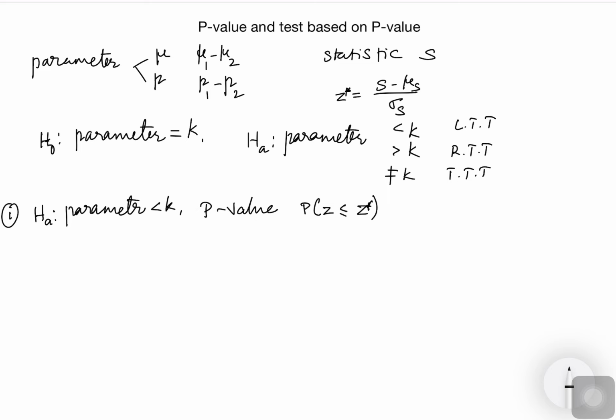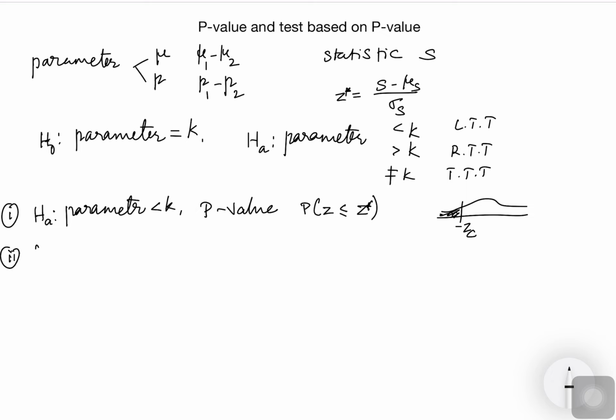In this case z star will be negative, and we know that in a left-tailed test the region of rejection is anything less than minus zc. So the probability of z less than z star is your p-value.